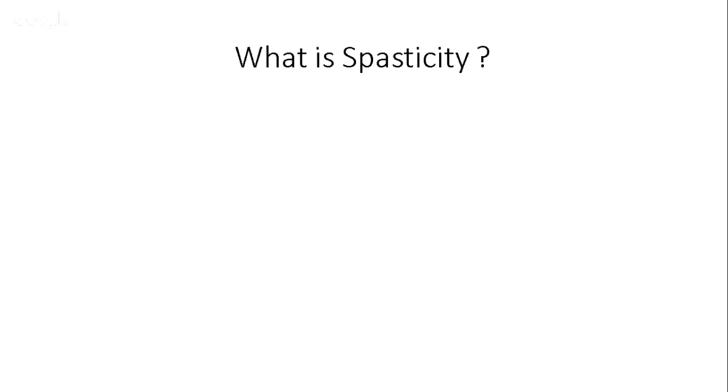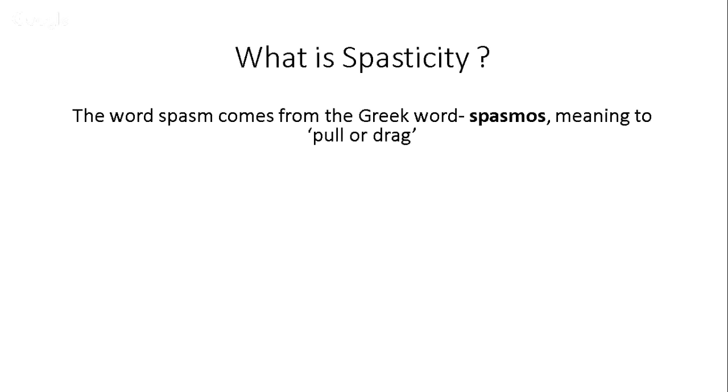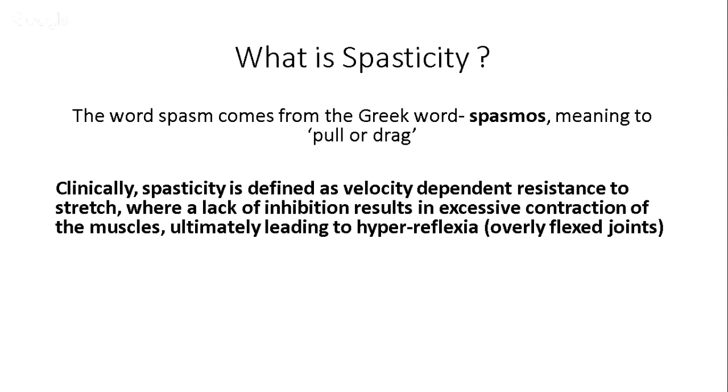So what is spasticity? It comes from the Greek word spasmos, meaning pull or drag. It's clinically defined as velocity dependent resistance to stretch, like when you pull it out, it's velocity dependent. There is a lack of inhibition that results in excessive contraction, because all the inhibition comes from the upper motor neuron, from the cortical as well as from the upper centers.